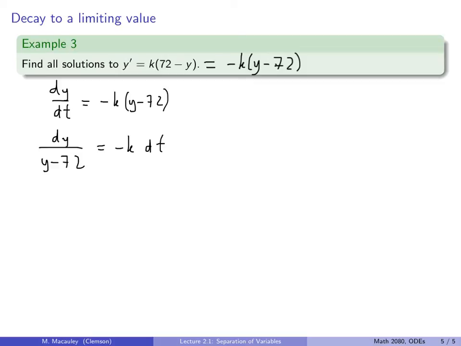And now we're going to integrate this. And we get natural log of y minus 72 equals negative kt plus c.